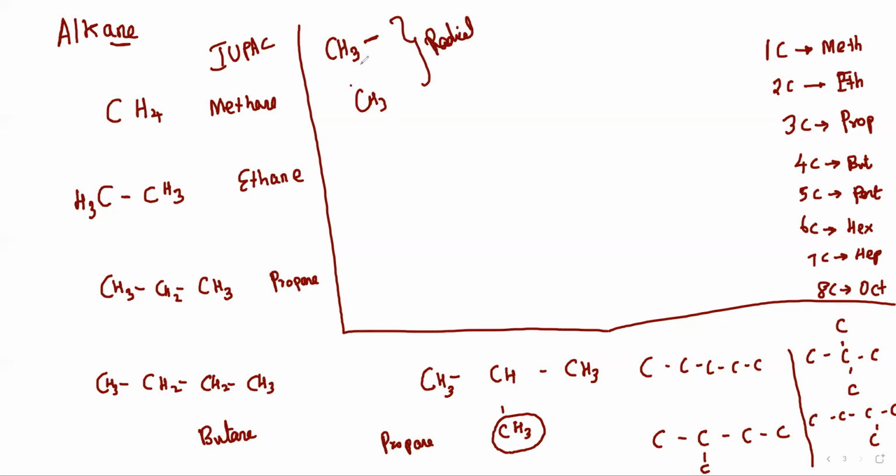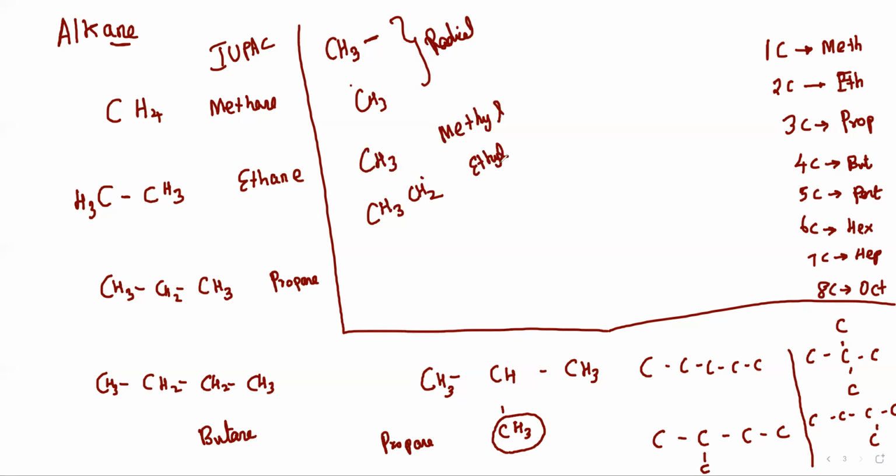For this kind of radical, if it is CH3, it is called methyl. If you take ethane and remove one hydrogen from it, it is called ethyl.